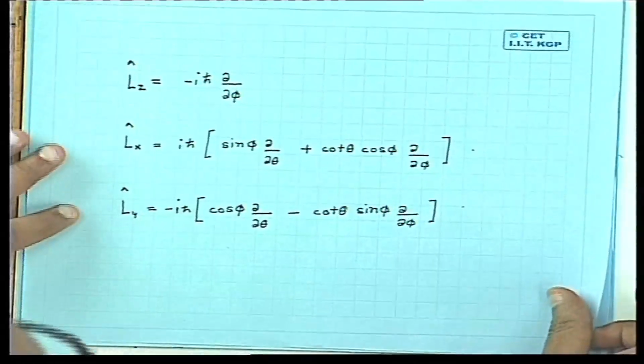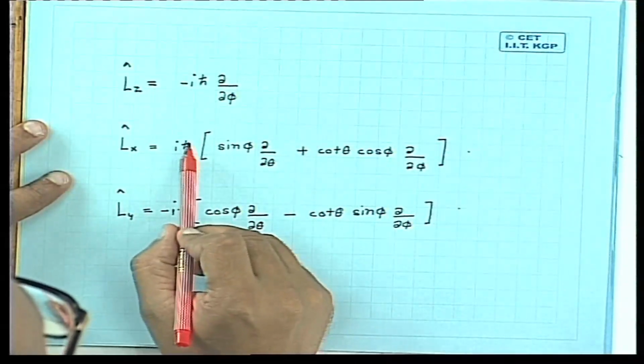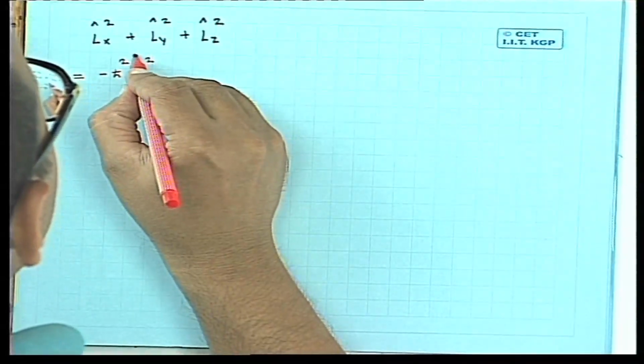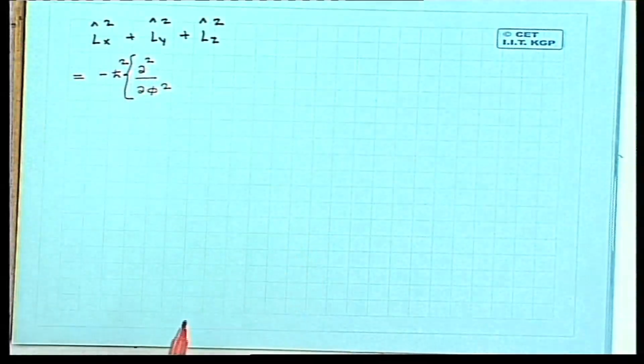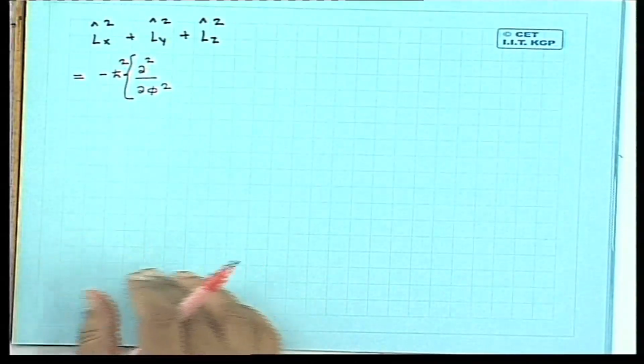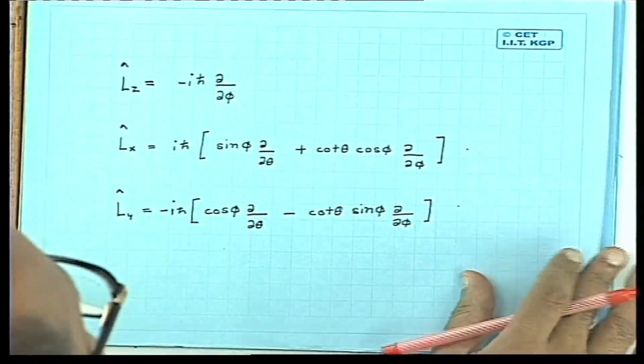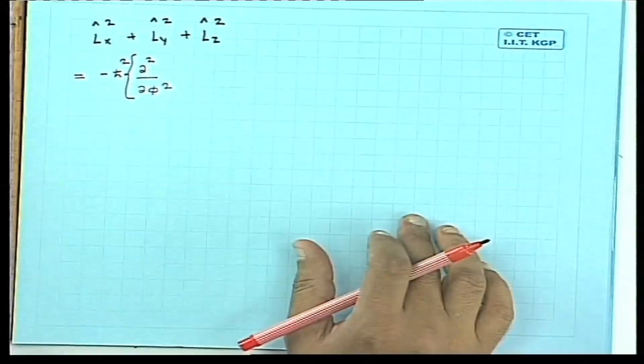Let me then calculate Lx squared. This also will have an overall minus sign and ħ squared. So, I can put that outside over here, minus ħ² is common, and then I have one term which is now, if you look at this, okay, let us do it instead of trying to take shortcuts.